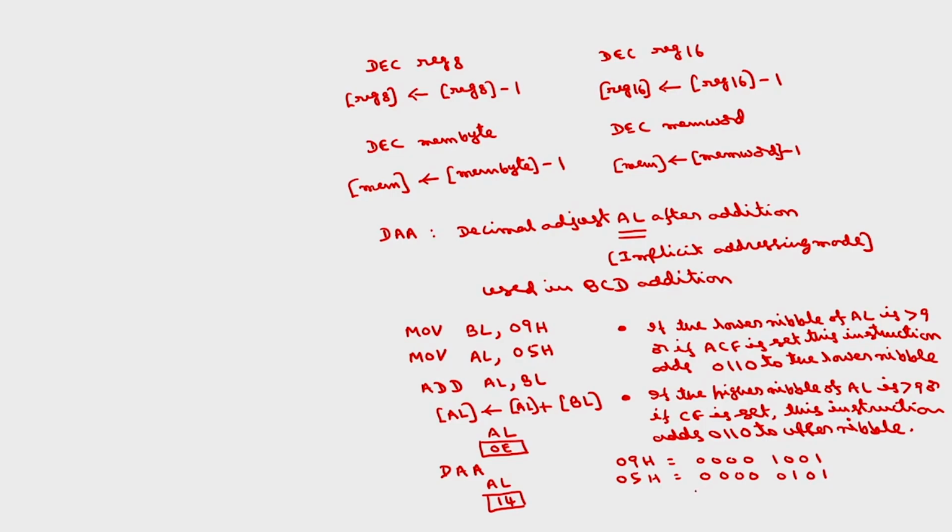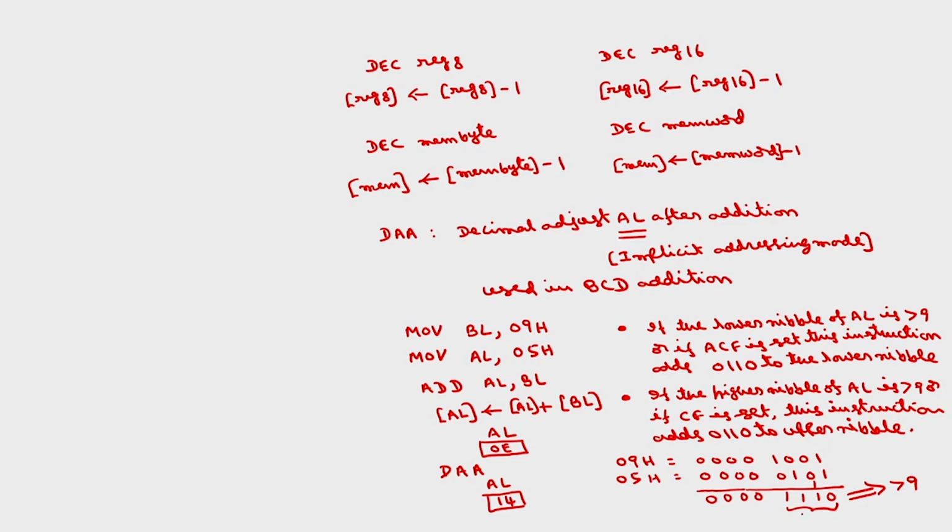If I perform the addition, 1 plus 1 is 10, and the result is 1110 . Check the lower nibble result. What is the result of the lower nibble? This is 13. There is no auxiliary carry flag, but if either of these conditions is satisfied, either the auxiliary carry flag is set, or the lower nibble is greater than 9. Because this lower nibble value is 13, it is greater than 9.